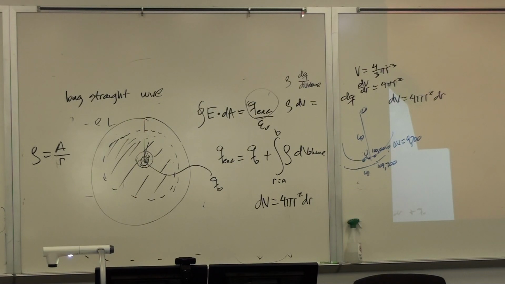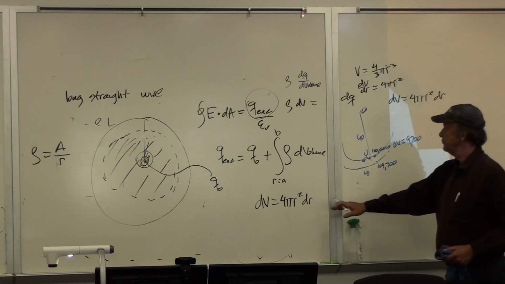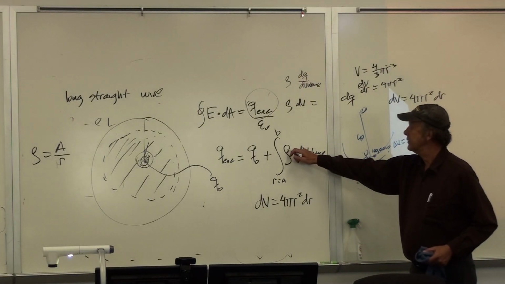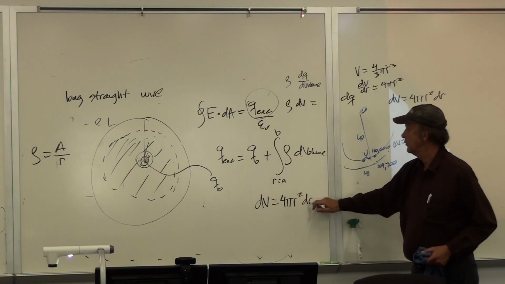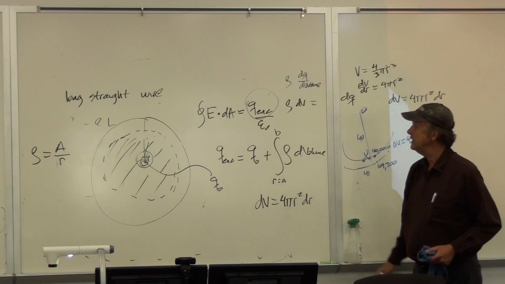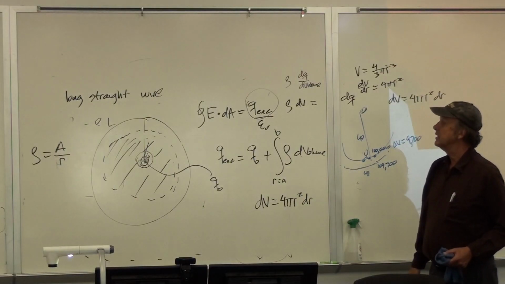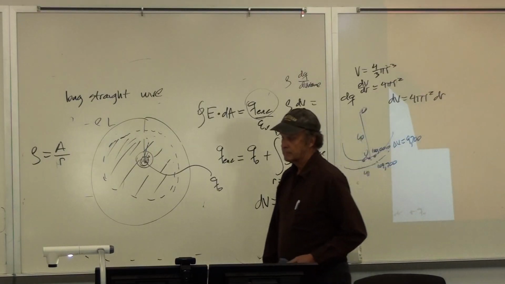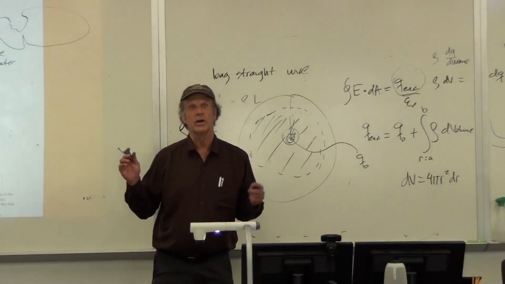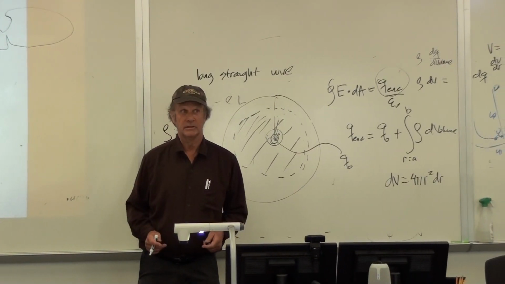You just take, because it's uniform in the radial direction, you can write it as a function of r, and then you include the fact that this is A over r times 4 pi r squared dr. You integrate this from a to b, so you want the electric field to be a constant. And so that means it can't have a dependence on r. So that means that you want your r factors to cancel.